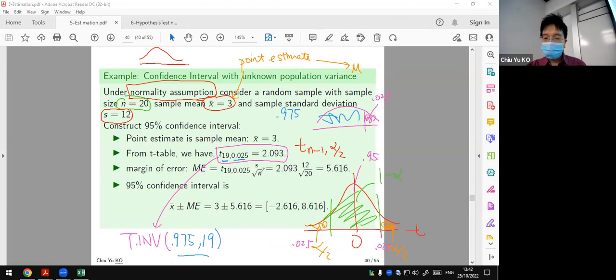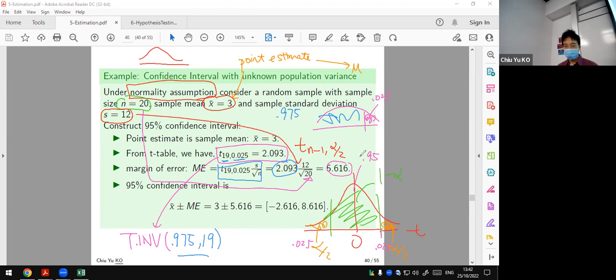So that's how I put the number in here. I put 2.093, and I put s is 12 here, and n is 20 here. So the margin is very big, actually 5.616. That means that your point estimate is 3, and you have to go left and right by 5.616.